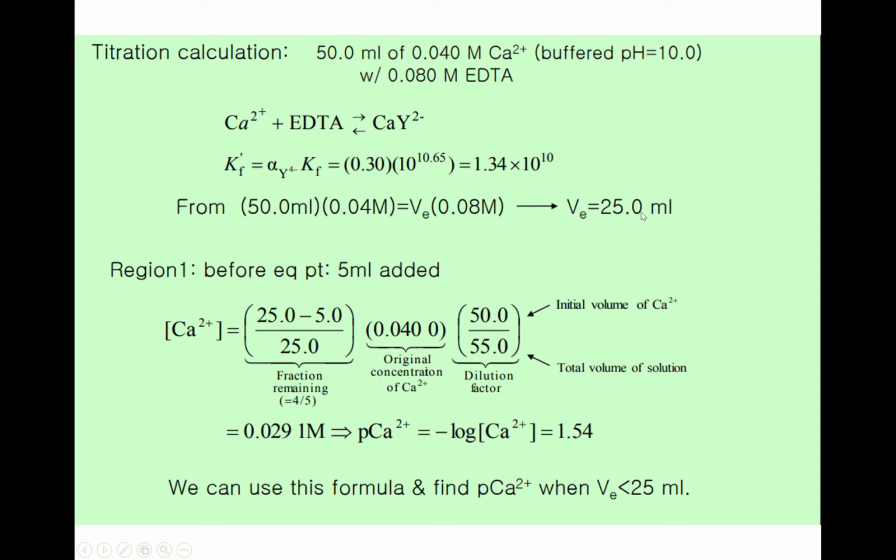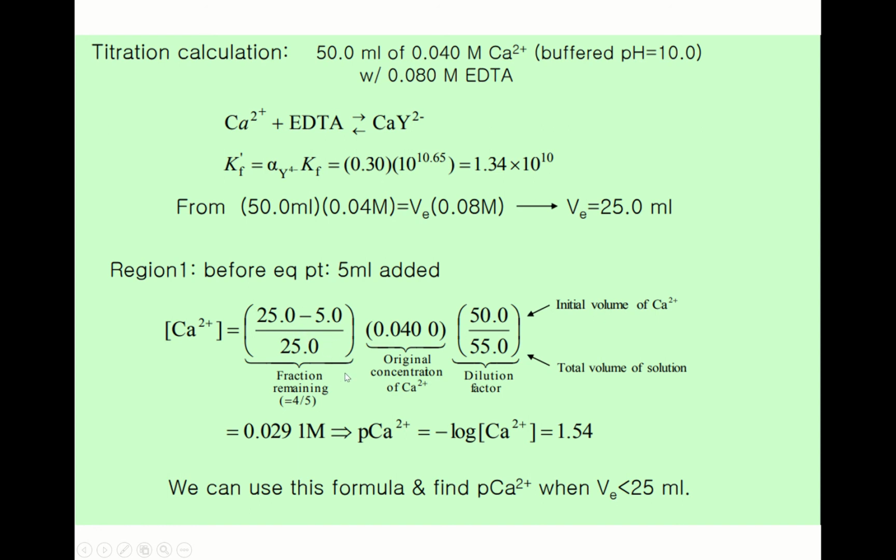Which is 25 mL. Now consider when you added 5 milliliters of EDTA. What is the calcium concentration? Well, 5 times 0.08 molar is the added EDTA moles, and by that amount, calcium ions are removed by the calcium-EDTA complex. Since we are calculating the remaining calcium ion concentration, we have to do it this way.